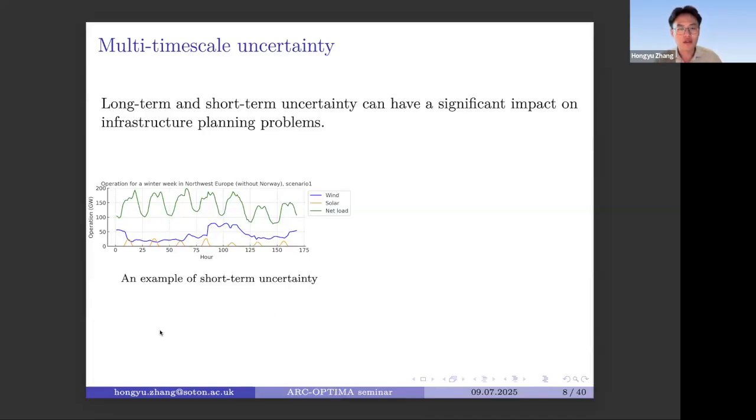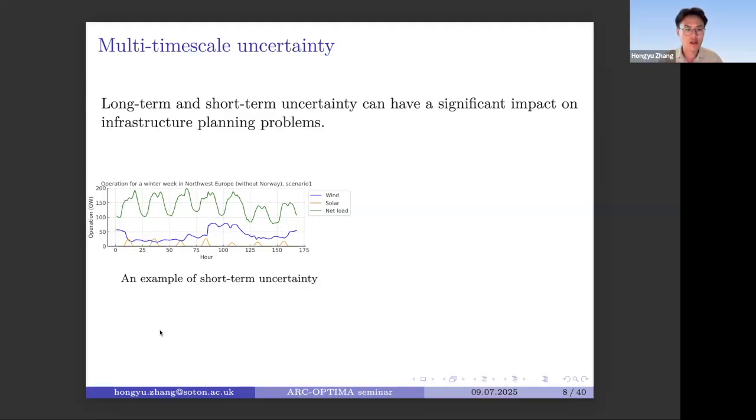So for us, we would like to capture this uncertainty from two different time scales, and here I just give you some examples of what I mean by this multi-timescale uncertainty.